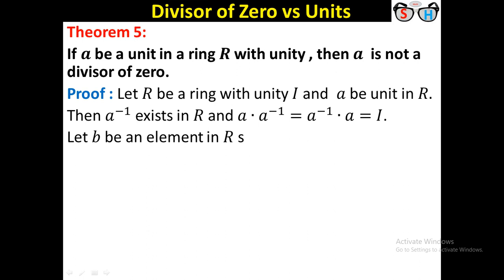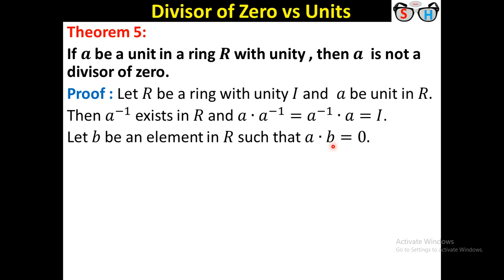Let B be an element in R such that A dot B equal to 0. Clearly here, since R is a ring with unity, R is non-trivial, and here A is a unit, therefore we know that in a non-trivial ring, the 0 element has no multiplicative inverse, but here A is a unit, so A has a multiplicative inverse, that is A is clearly non-zero. So here A is non-zero.